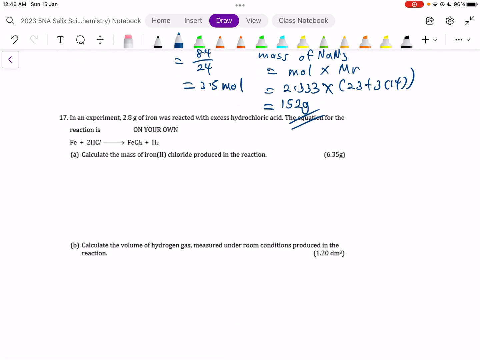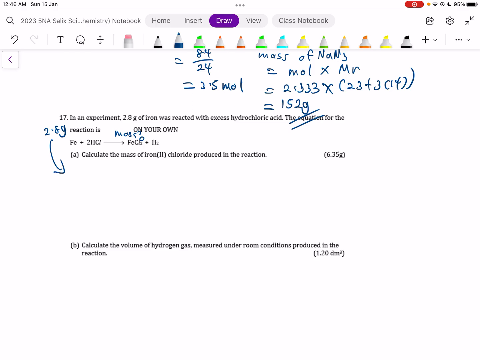So in the experiment, 2.8 grams of iron was reacted with excess hydrochloric acid. So the equation for the reaction is this. So you are told iron is 2.8 grams. Then you want to find the mass of this fella.